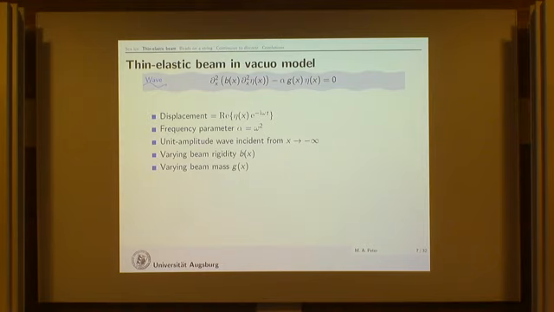And what I'll show a little bit in what follows is simplifying the problem a little more, either taking the beam rigidity to be constant and just looking at variations in the mass, which I'll refer to as the varying mass problem, or I switch them around, so I have a constant beam mass and just look at a varying rigidity. Or I have both of them varying, which I think of as a varying thickness really, and that affects the beam rigidity and the beam mass, so I have a varying thickness problem.